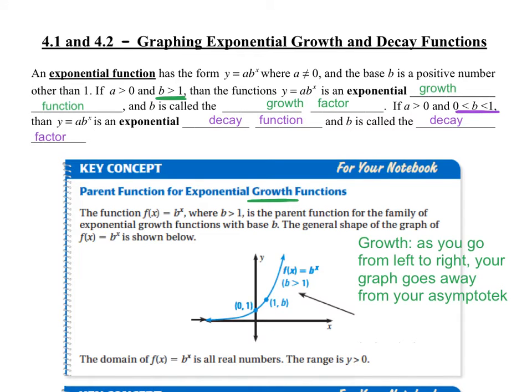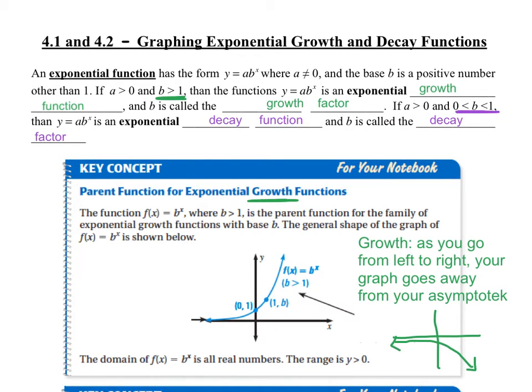So for a growth function, as you go from left to right, your graph goes away from your asymptote. And that happens even if you guys have a negative value. So even if your graph is negative and it flips, it's still from left to right going to go away from your asymptote.